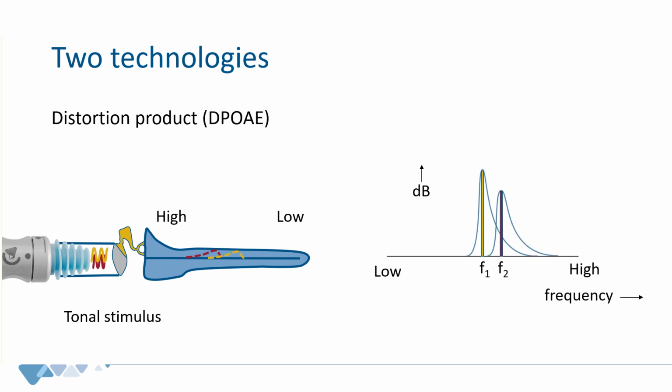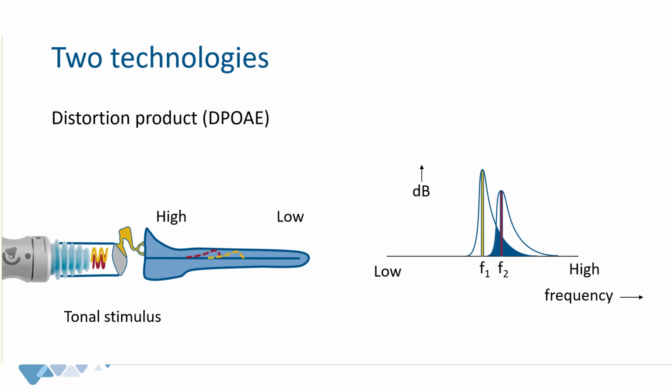Here I'm showing the area in which the basilar membrane gets activated. Now, first of all, the OAE produced by these pure tones, you cannot measure, because you're presenting at the same time. So we are not measuring at the same frequency as where we present.